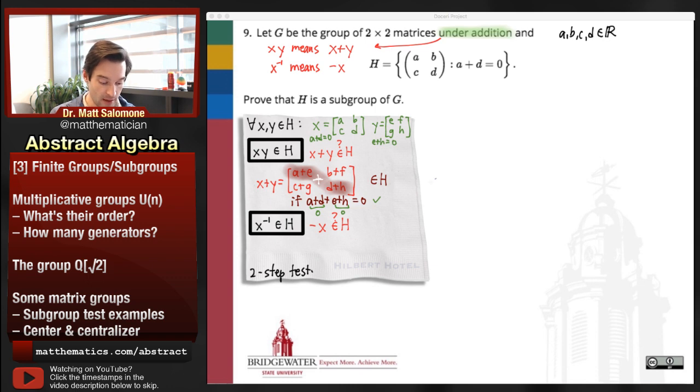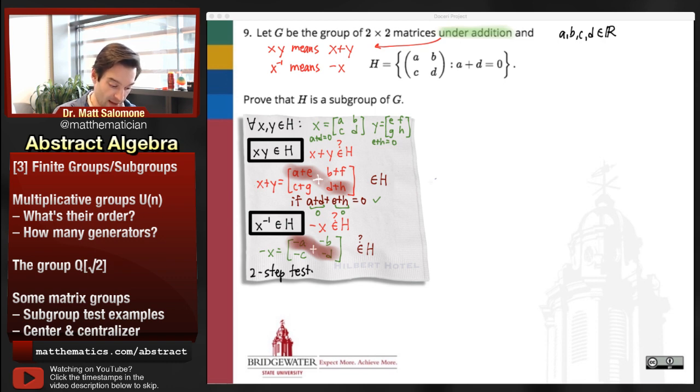The other half is to verify that the inverse of x belongs to H. X is this matrix A, B, C, D, and A plus D is equal to 0. And therefore, minus x, that's minus A, minus B, minus C, minus D. That's going to belong to H only if its trace, the sum of its diagonal entries, is equal to 0.